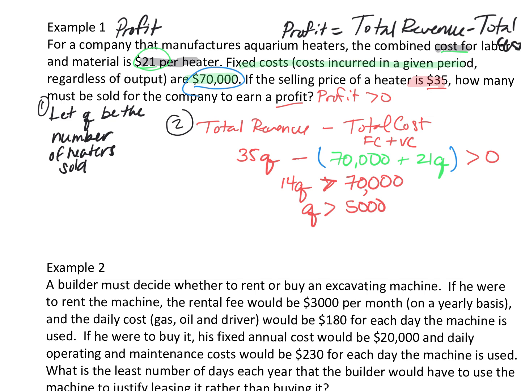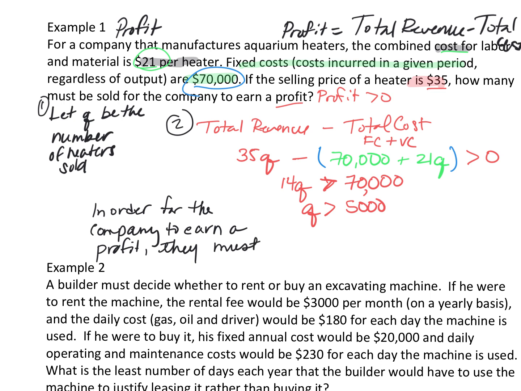So I'm going to state that in order for the company to earn a profit, they must sell at least 5,001 heaters.